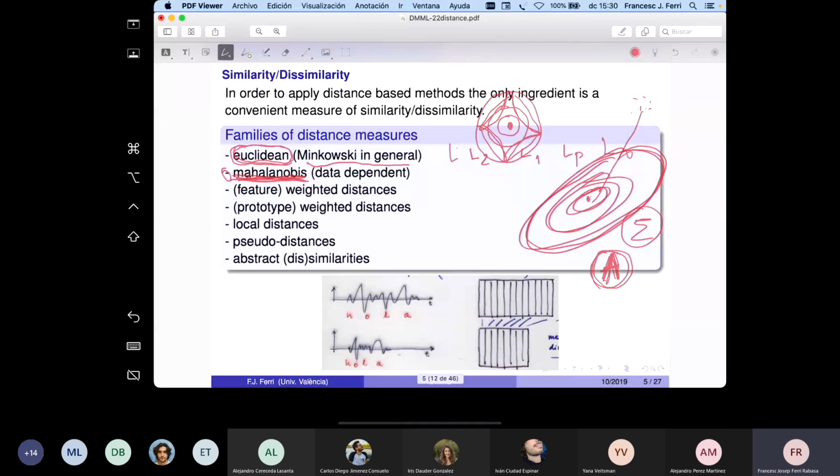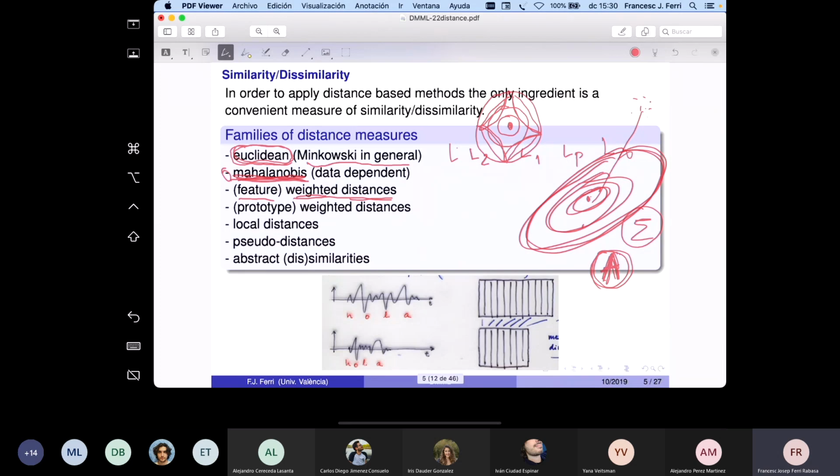We also have what we call weighted distances. A feature weighted distance is nothing but a particular case of a Mahalanobis distance in which we weight separately each of the features or dimensions.